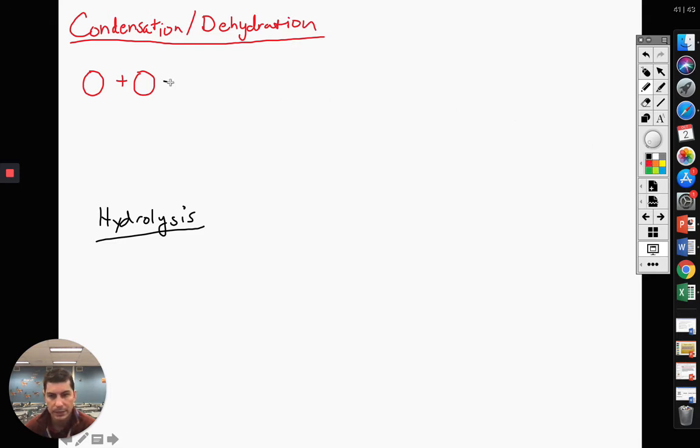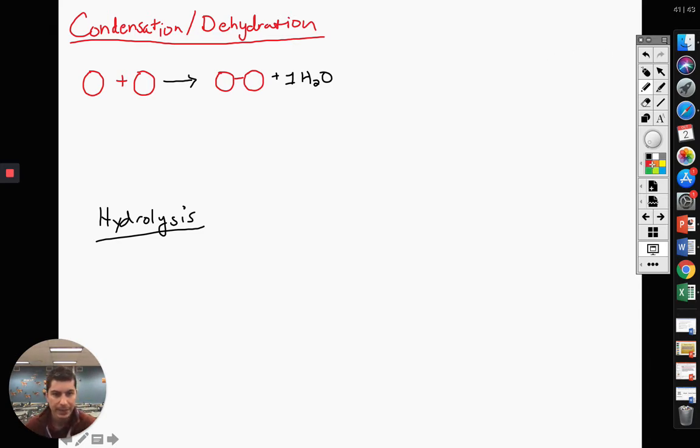On the product side, we are going to get those two monomers and put them together. Now, for every bond we form, we are also going to get one water molecule out of it. All right, so that is a condensation reaction.